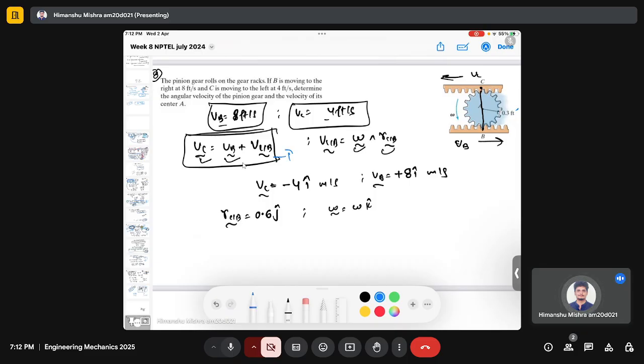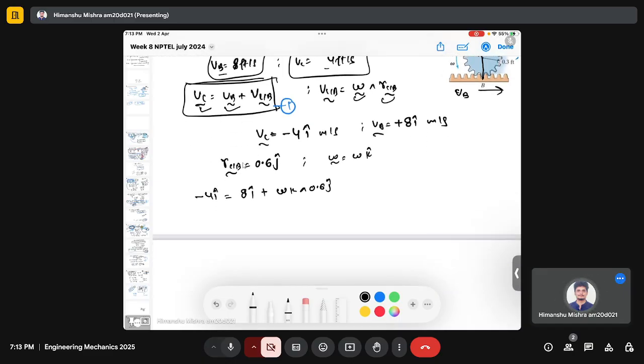Then when we use equation 1, we have minus 4i equals 8i plus omega k cross 0.6j. So we have now written down the vector equation. It has only an x component.